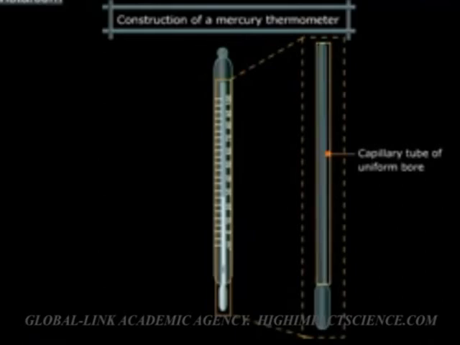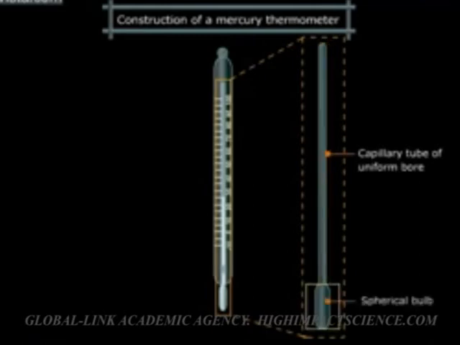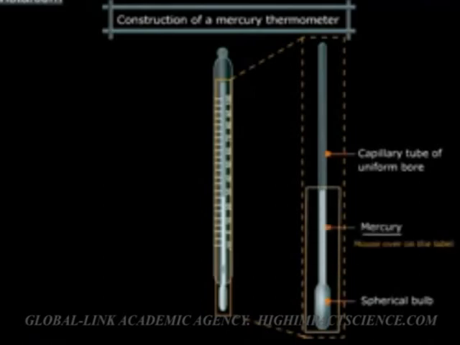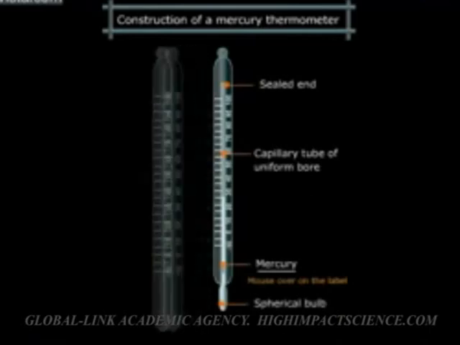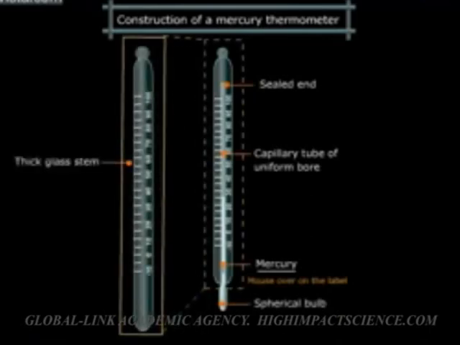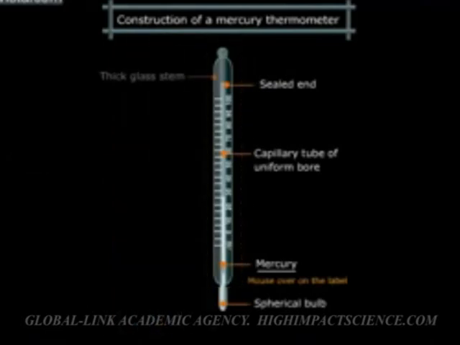One end of the capillary tube is drawn into a small cylindrical or spherical bulb. The bulb is filled with mercury. The other end of the tube is sealed. A thick glass stem is used to protect the capillary tube.